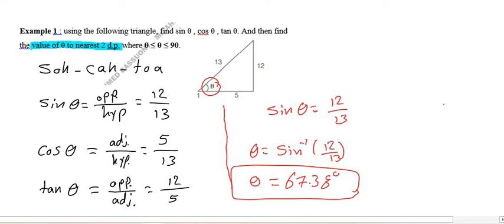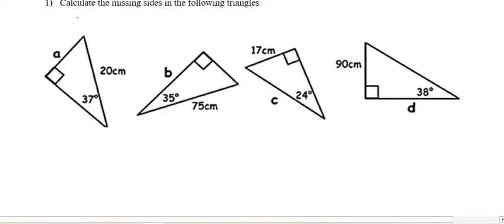Okay, let's have some more practice. In this exercise, guys, we are required to find out the missing side.